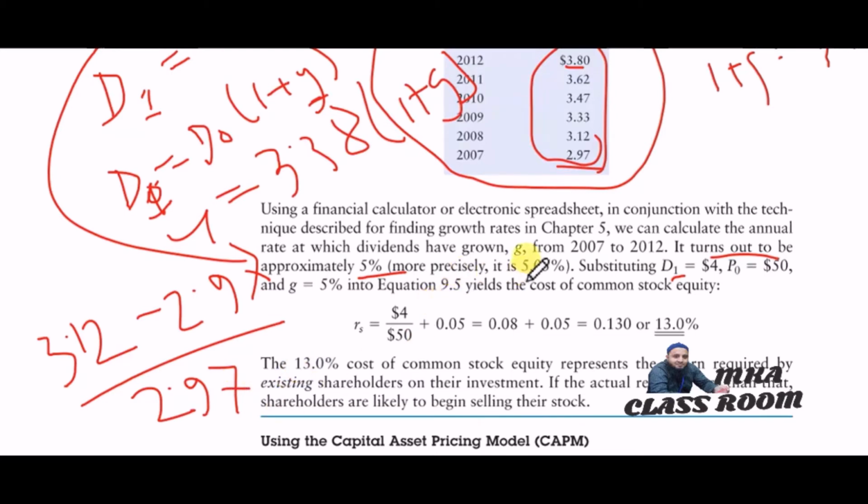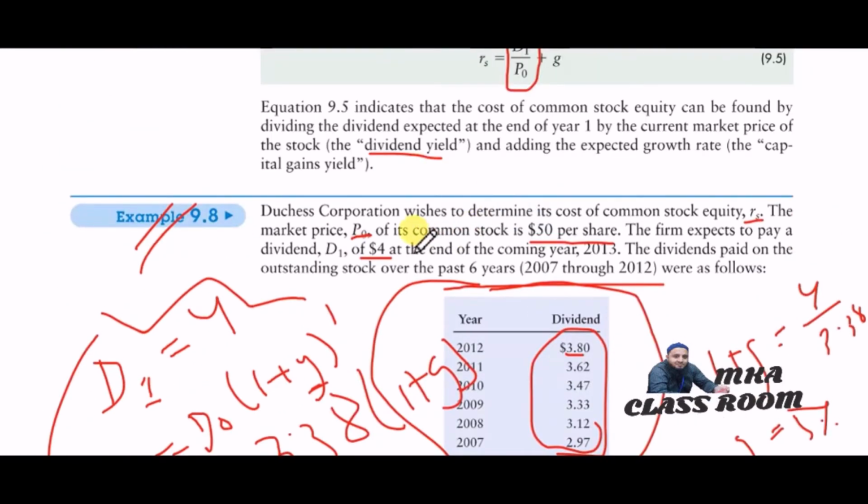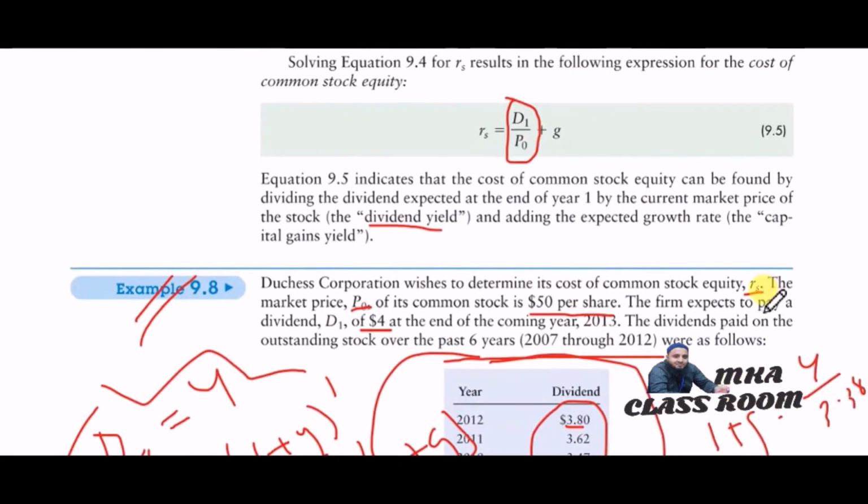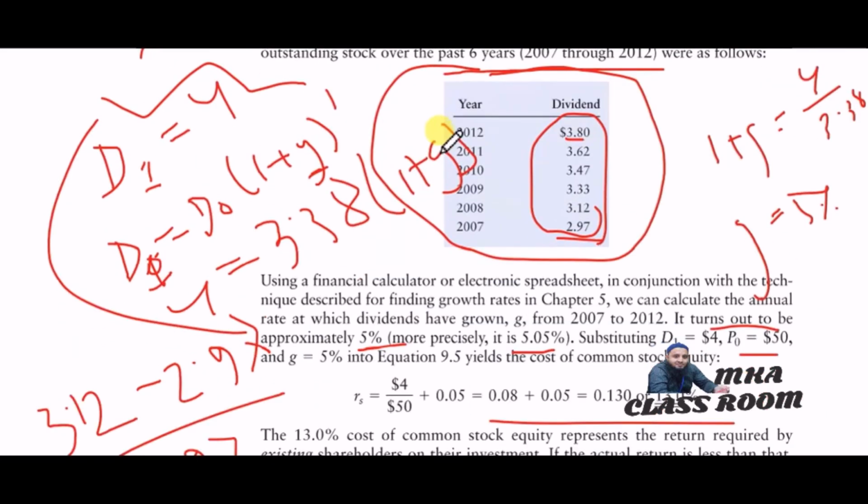So that is our constant growth rate, which is about 5%. And P naught is 50, expected dividend 4, growth rate 0.05. So this is our required rate of return, 13% RS. This is the formula for RS, the required rate of return for the stock.